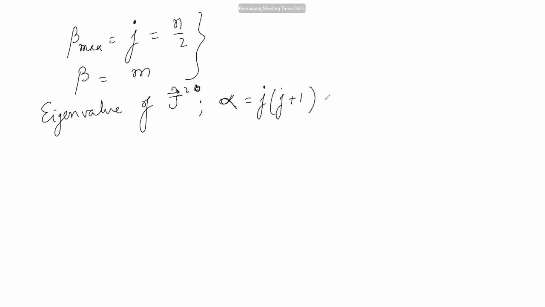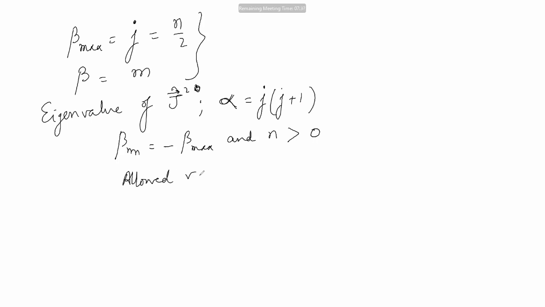Remember, it was beta max times beta max plus 1. Therefore this will be j times j plus 1, and then beta min is equal to minus of beta max, or beta max is minus of beta min, and my n is always greater than 0.